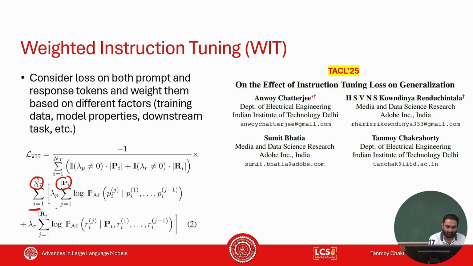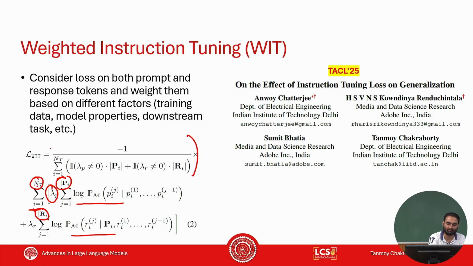Within that, you take one i, where first p is the instruction and then r is the response. You measure the cross entropy of the instruction tokens and the cross entropy of the response tokens, and this is the weight. This is basically a weighted average, and this is the weight associated with it.